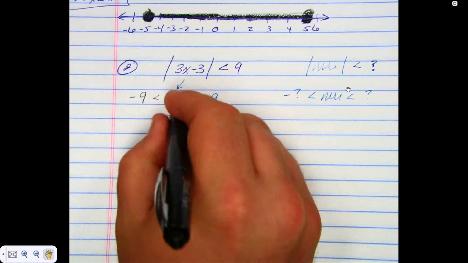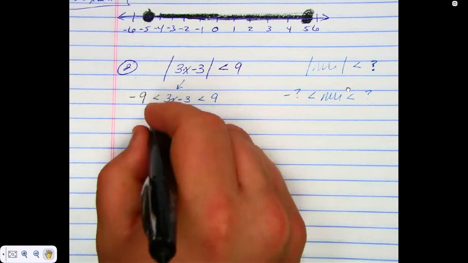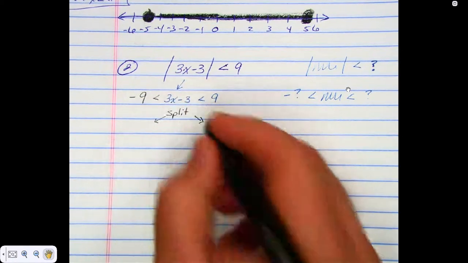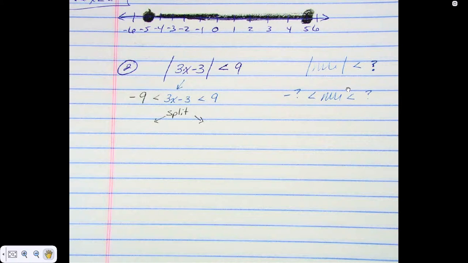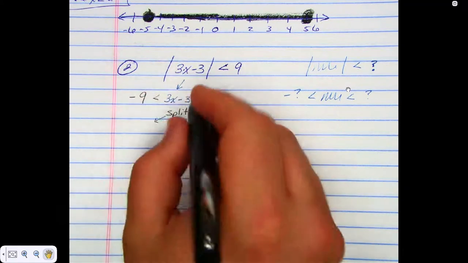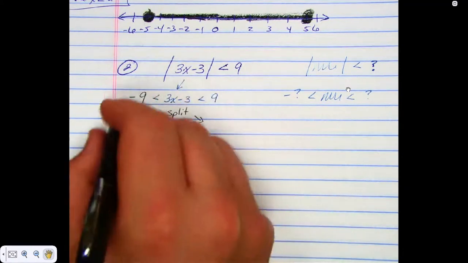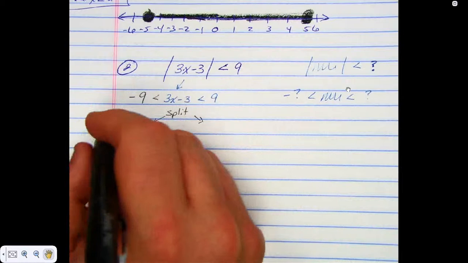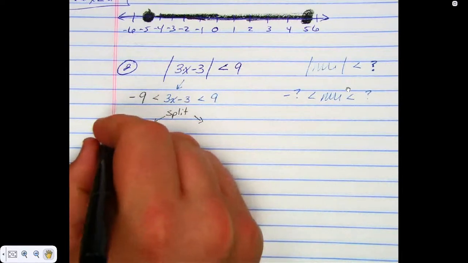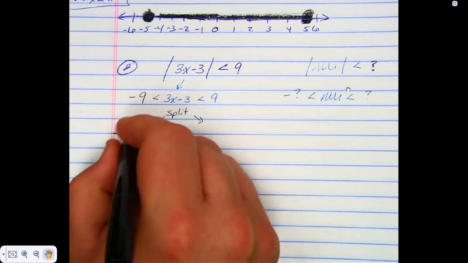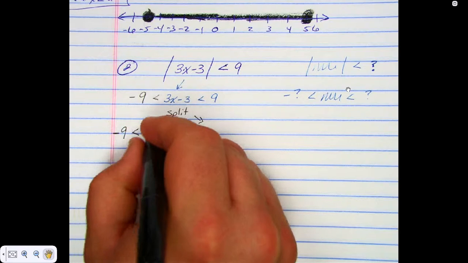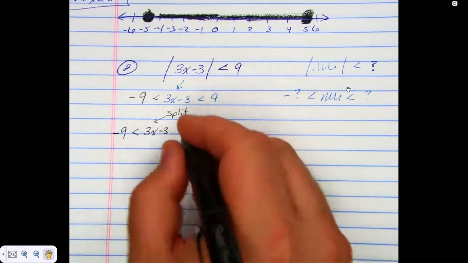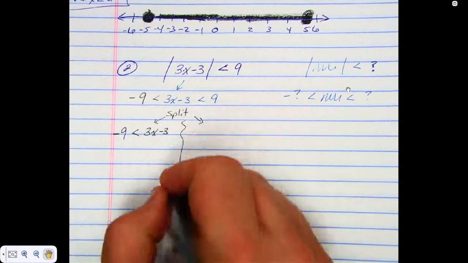At this point, to solve this, even though the book doesn't do this, split this up into two inequalities instead of trying to solve it together. One of your inequalities would be this half of it. Everybody paying attention? What would it be? Negative 9 is less than 3x minus 3. What would your other side be?